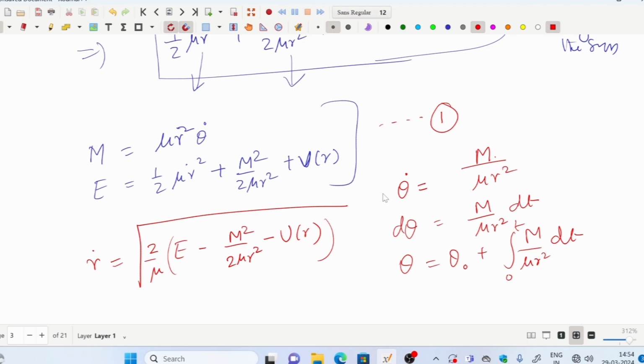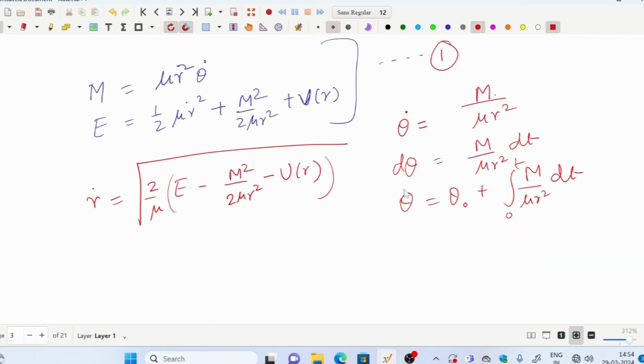So the dt integration we already have. We can find dt from here also.